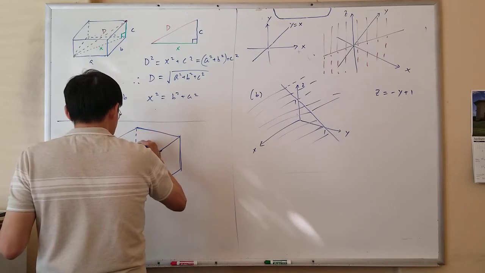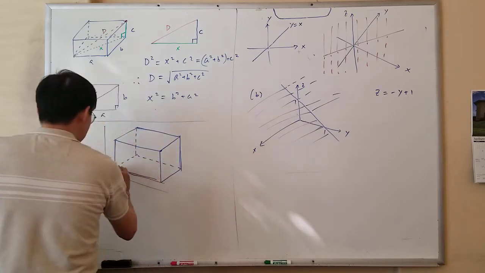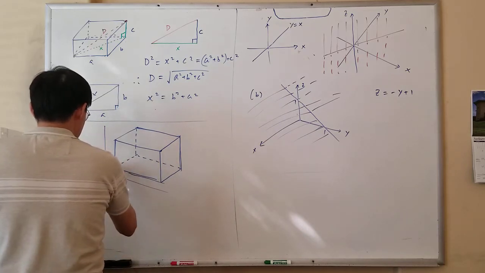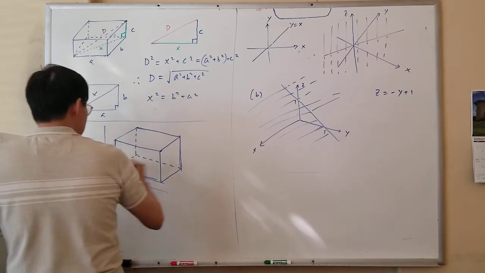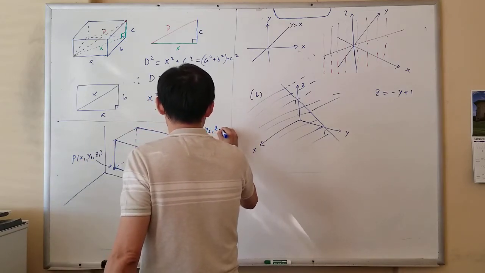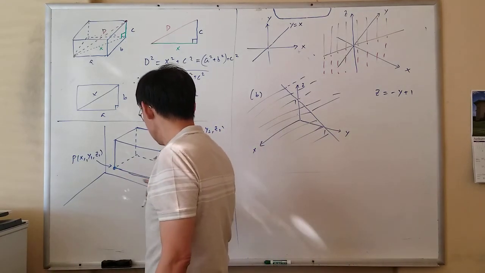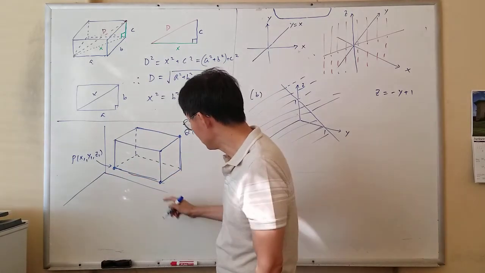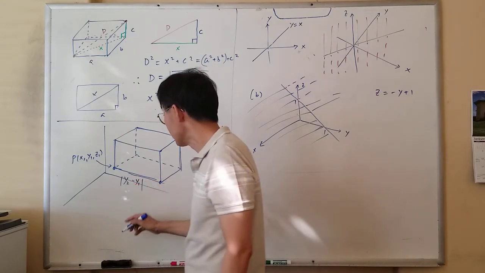I just drew a rectangular box out of this point. Let's say this is point P, x1, y1, z1. Let's say this is point Q, x2, y2, z2. Then this distance will be along the y direction, so it will be y2 minus y1, the y coordinate difference.